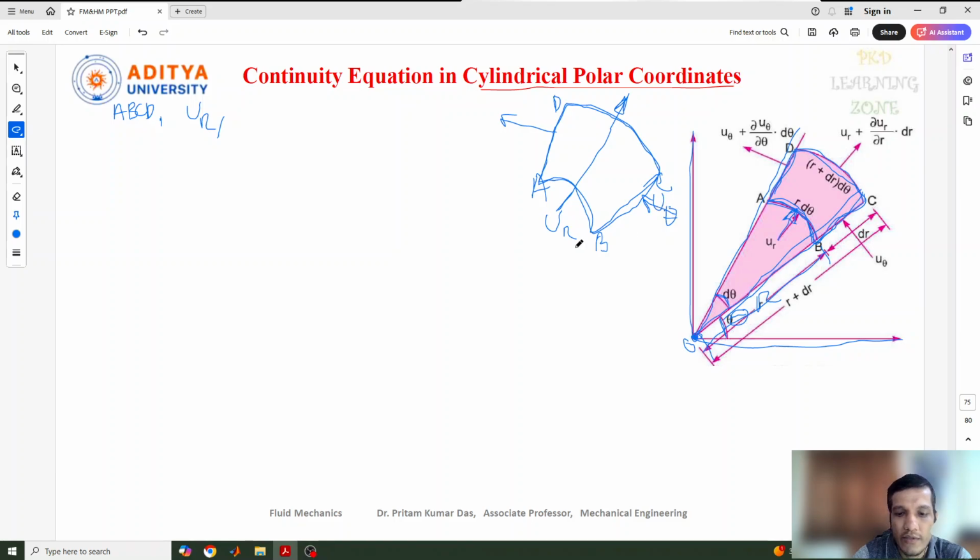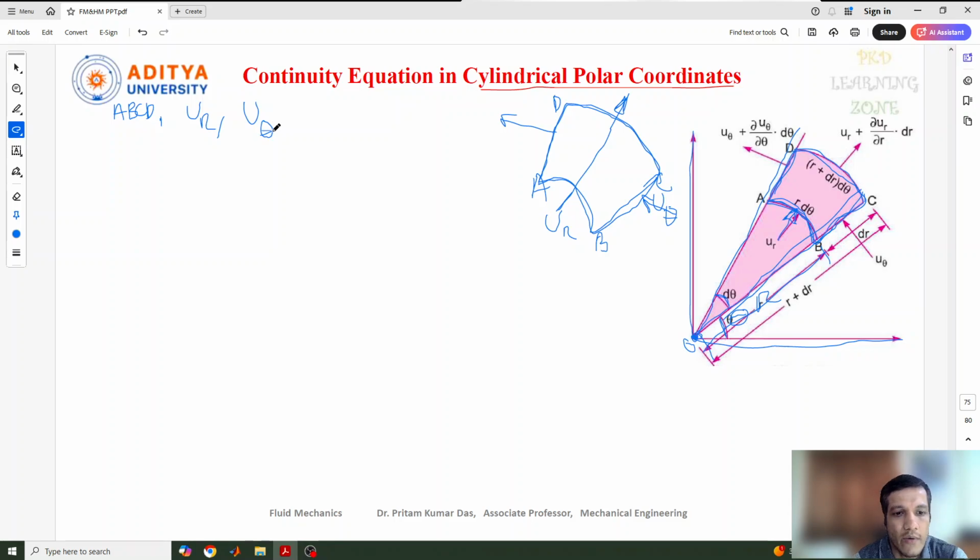So these are the two velocity components, UR and U theta. Here we need to find out first the mass of fluid which is entering this side, radially and tangentially. This is the work for us.